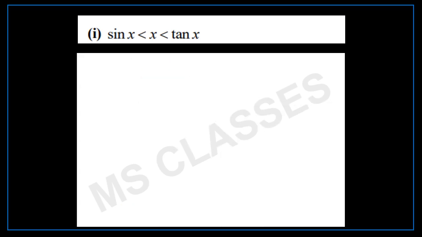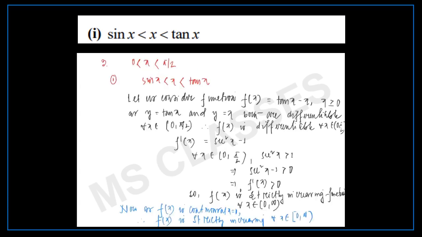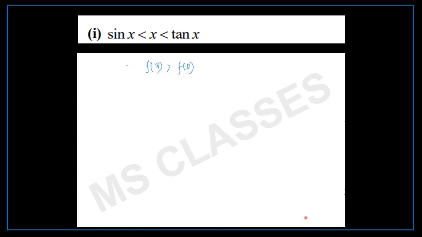Therefore f(x) is greater than f of 0. Why do we do that? Because it is shifting from 0 to infinity. So now we can write f of x greater than f of 0, and this gives us tan x minus x greater than 0, and this gives us tan x greater than x.